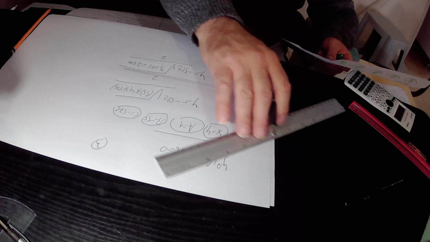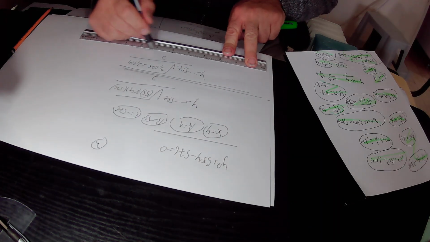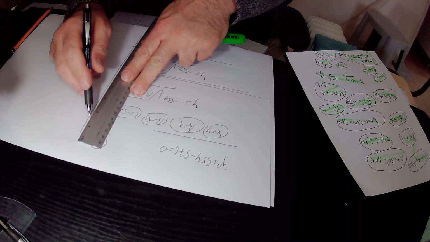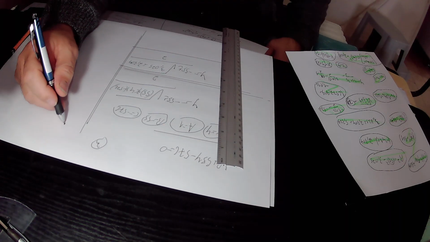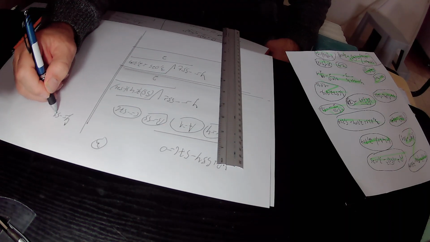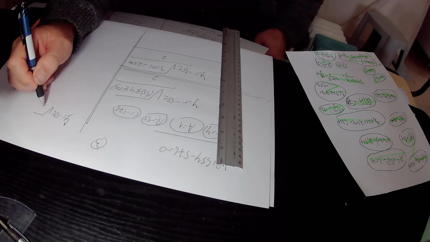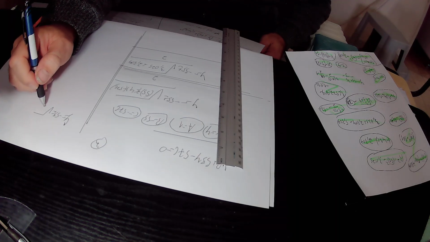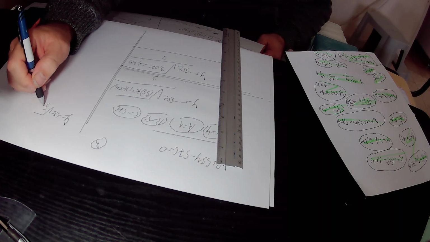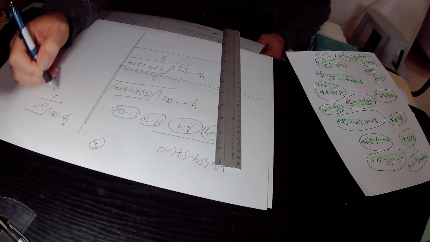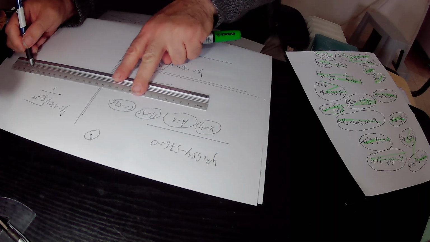So y equals minus 55 plus or minus the square root of 3025 plus 2304, which is 5329, divided by 2.